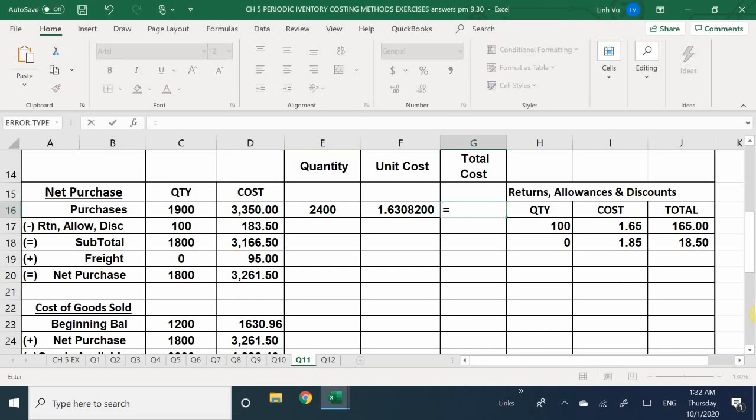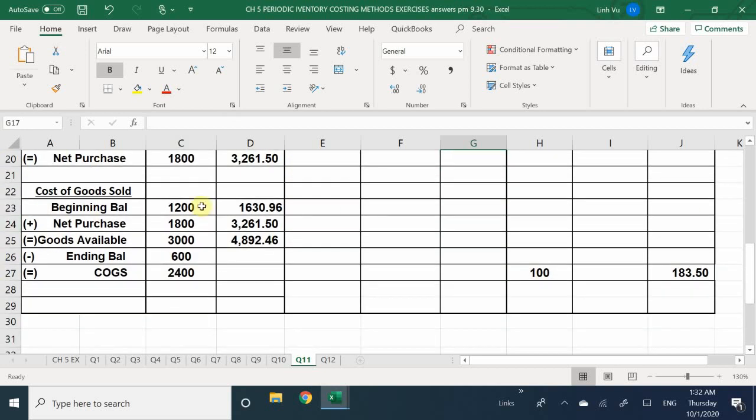And then lastly, again, I'm going to solve for my cost of goods sold. So I'm going to go ahead and enter in my formula. Equal round. I'm going to multiply these across. Okay, so I'm going to get myself a grand total of $3,913.97.